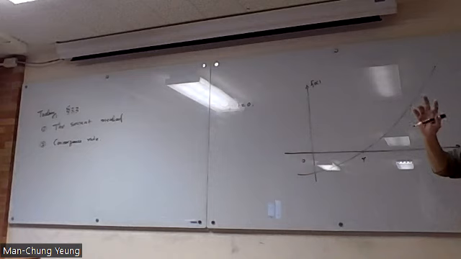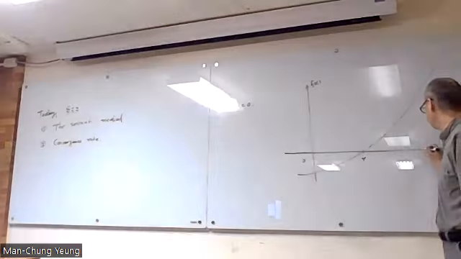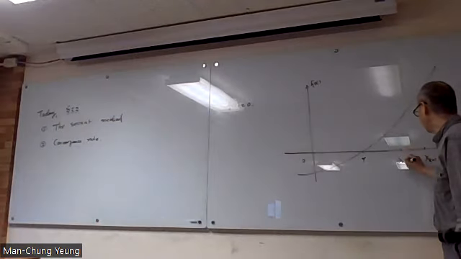Suppose we have two approximations of the root. Say one is x_{k-1}, and the second one is x_k.